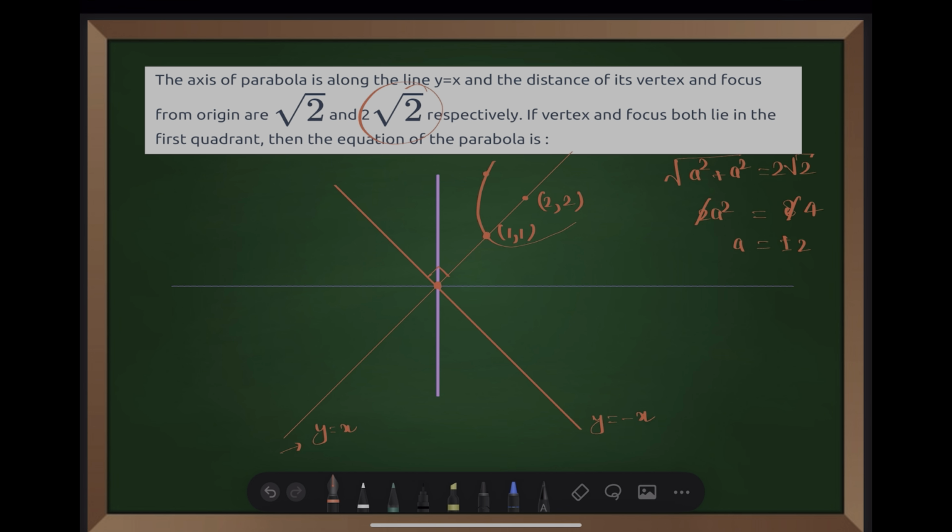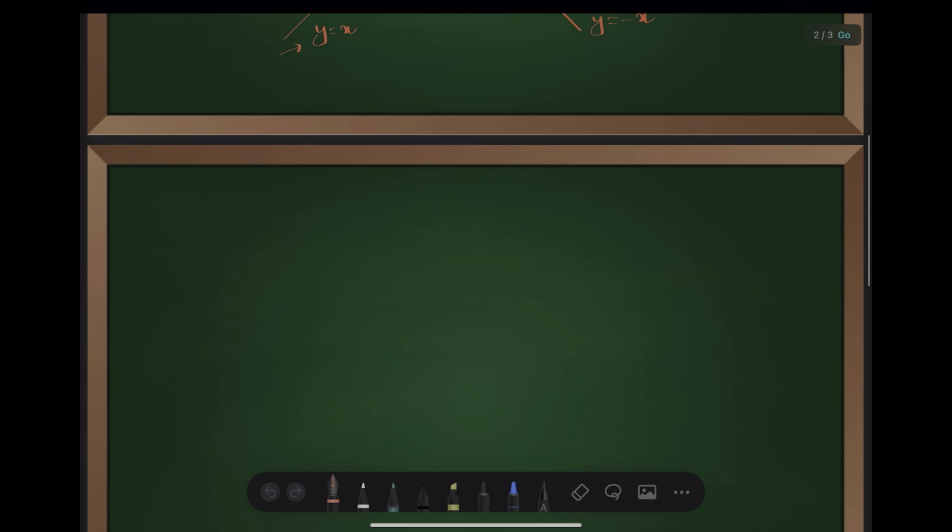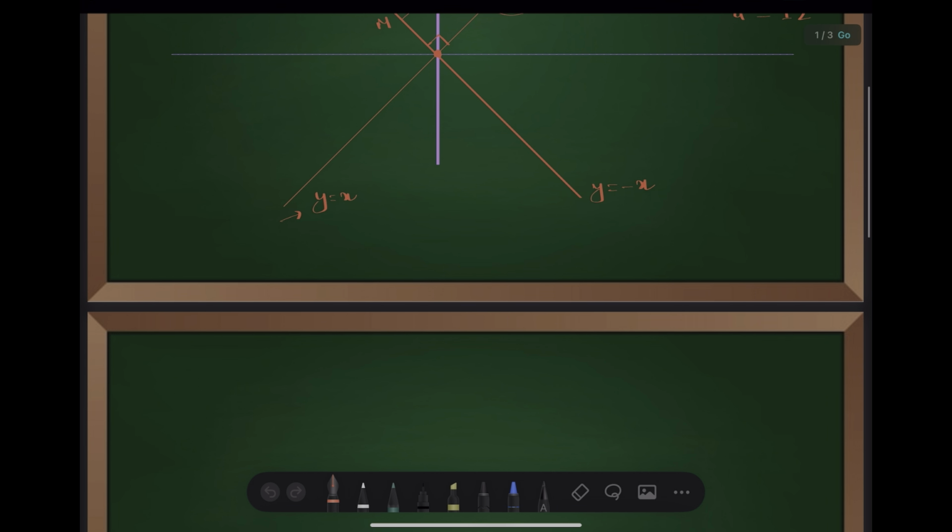So suppose a point P lying on the curve. Can I go with h comma k? You know that PS, the distance of point P from the focus, should be equal to PM, the distance from the directrix, correct? So I'll go with that part. The directrix was y equals minus x, so can I write x plus y equals 0?